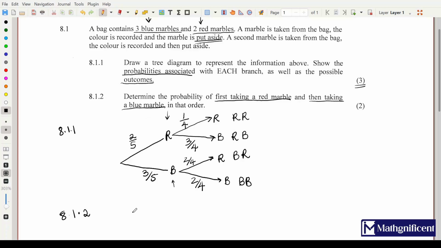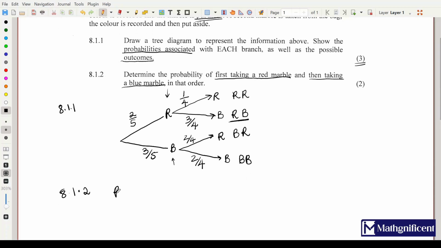Remember, this is this part here: red first and then blue after. So it is this outcome here. How do we actually get this outcome, red first and then blue afterwards?